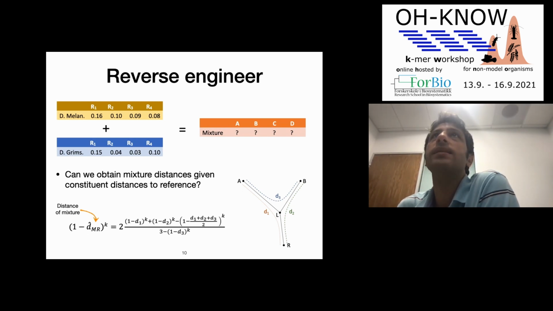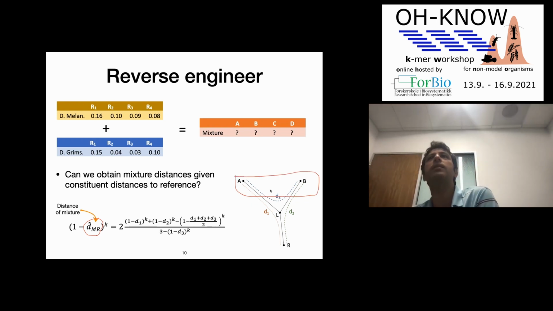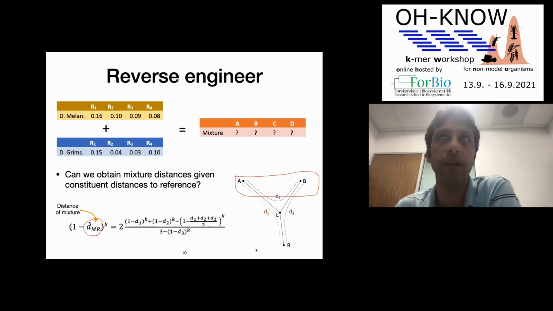I can compute the distance from the mixture to each of the references. This is the distance between the mixture of A and B and the reference. I can compute that knowing the distance of each of the constituents to the reference and the distance of the constituents to themselves. I need to know the distance between these two as well.